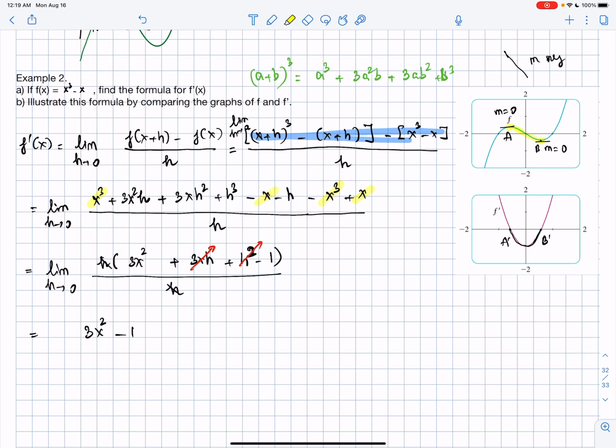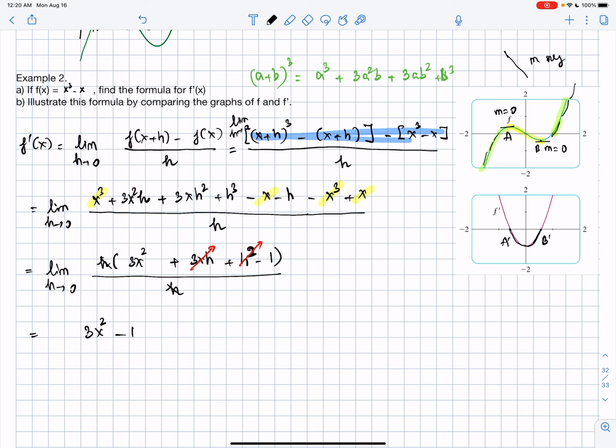Now let's look at this interval from the left side of A. If we draw the tangent lines, they go like this, right? So the slope of those tangent lines is positive, and also the slope of those tangent lines on the right side of B is positive also, because the lines go like this, right?